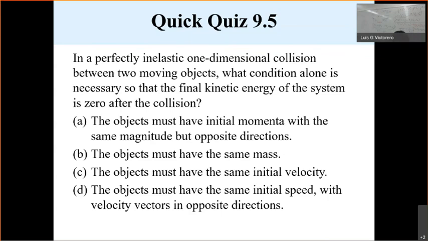The same mass, no. The same initial velocity, no. The objects must have initial momentum with the same magnitude. There you go. So if they both have the same magnitude of momentum in opposite directions, the momentum will cancel and will make for zero momentum after the collision, zero speed, zero kinetic energy.